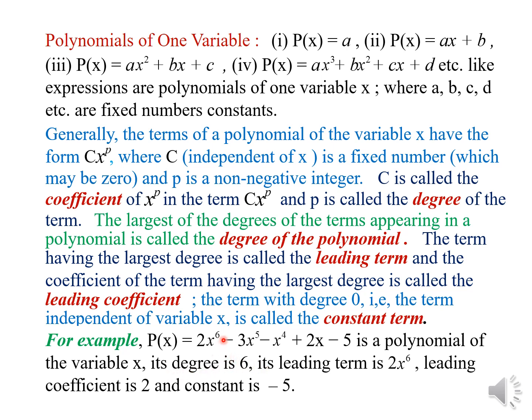The largest degree is 6, so 6 is the degree of this polynomial. Its leading term is 2 times x to the power 6, because the term containing the maximum power is called the leading term. So this is the leading term, and the leading coefficient is 2, the coefficient of the leading term. And the constant is minus 5.